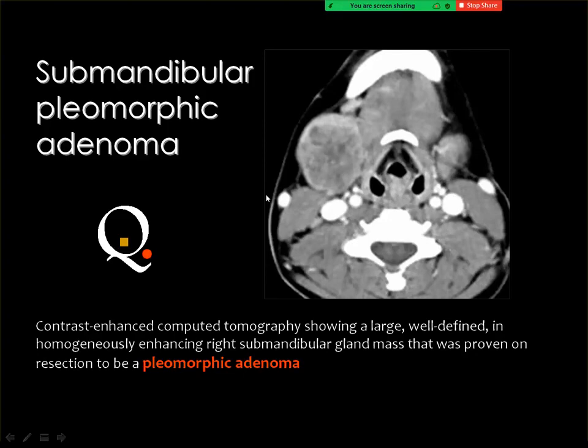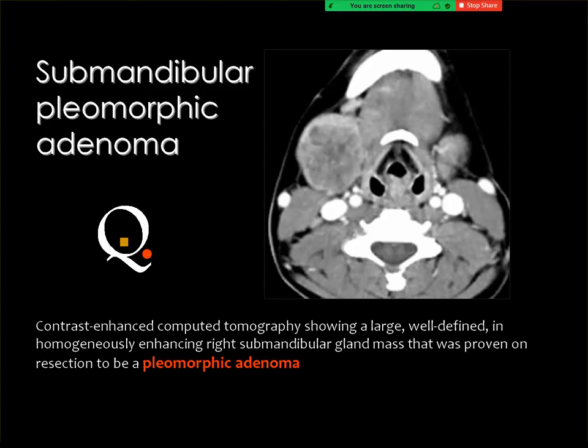But on CT scan, we cannot differentiate between benign and malignant lesions in the submandibular gland. By MRI, we can sometimes differentiate both based on the T2 weighted image. If the lesion is bright in the T2 weighted image, meaning that the water content is high, it is more or less benign.